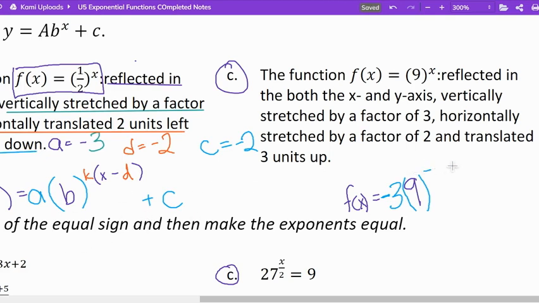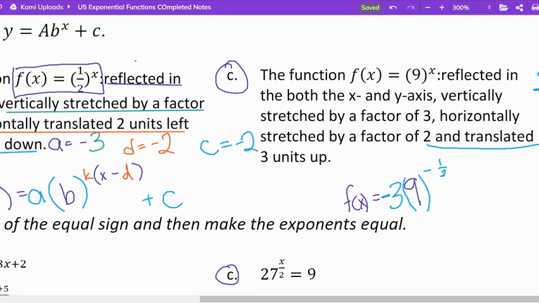So I got negative. Horizontally stretched by a factor of 2. This is tricky. If they're saying by a factor of 2, they are telling us that that is the 1 over k. When they're saying horizontally stretched by something, they're giving you the 1 over k. And so that means that the k is 1 over 2. So that goes in front of the x.